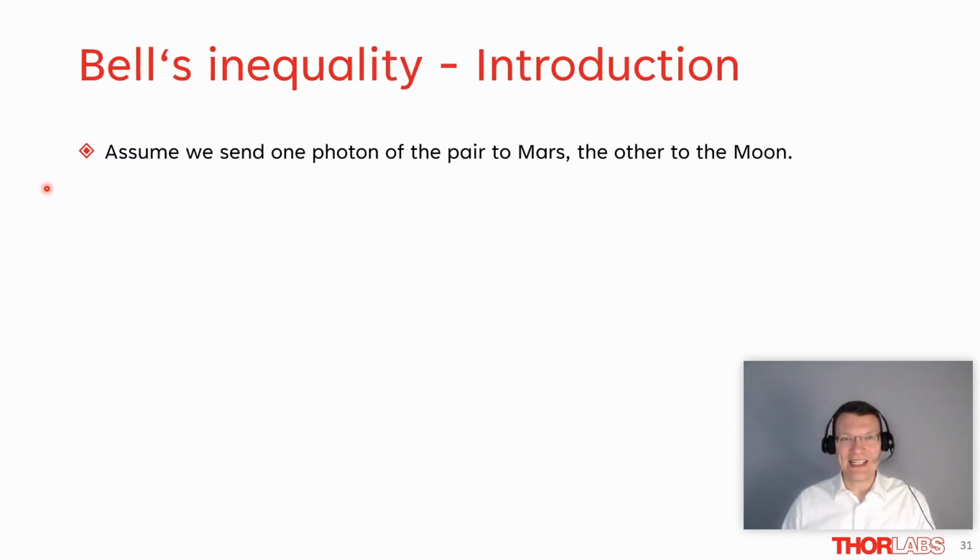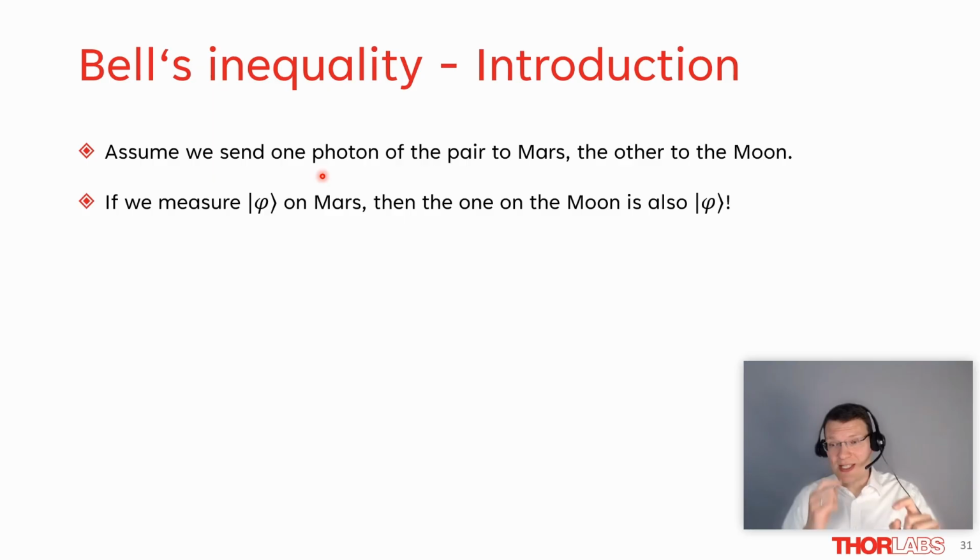Next up is Bell's inequality, and this is certainly the most complex, but one of the most cool experiments you can do with entangled photons, just because there's so much physical depth to it. Now, let's assume that I have an entangled photon pair, and I send one to Mars and I send the other one to the moon.